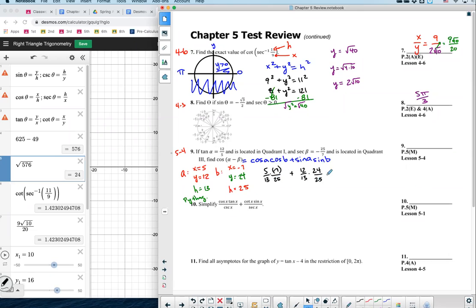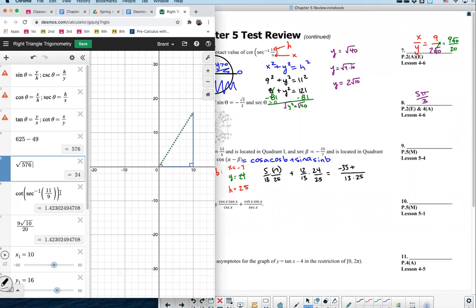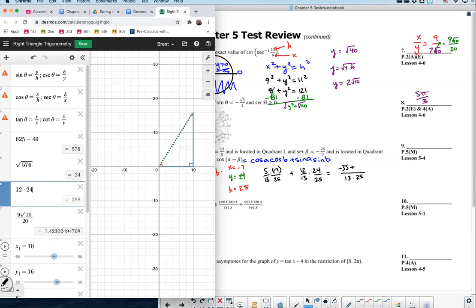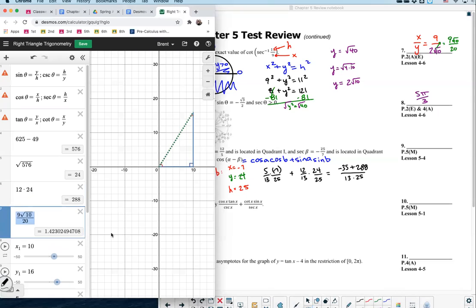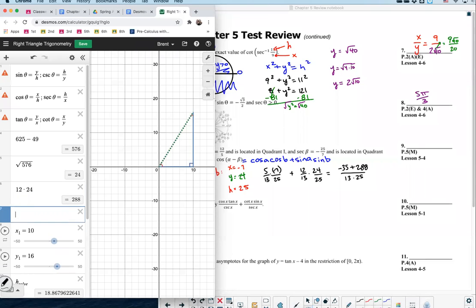I can see I have a common denominator, so that's nice. So our denominator will be 13 times 25, whatever that is. 5 times 7 is 35, so 5 times negative 7 is negative 35. And then 12 times 24 is 288. We could simplify all this, and I'm just going to use Desmos to help me out for the sake of time.